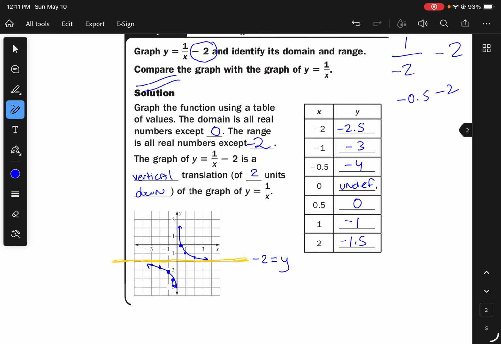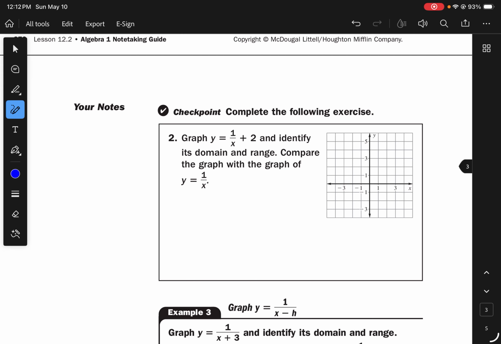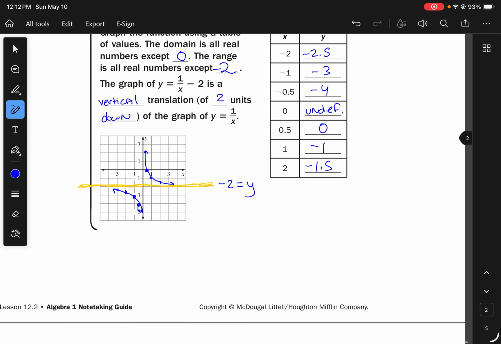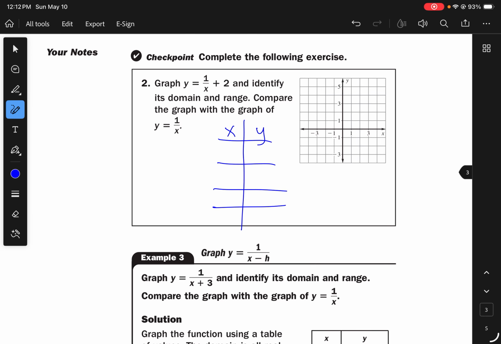All right? Take a moment, pause the video, and fill out the checkpoint. You are going to need to make a table. For the sake of our table today, we see it's going to be 1 over x plus 2. So let's use the same numbers that we had here and see if that's enough information for us.